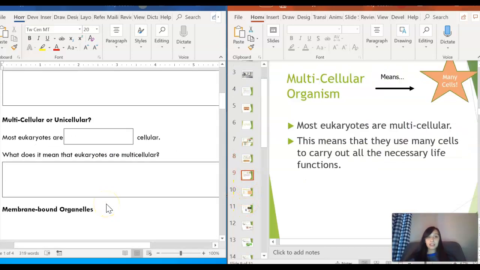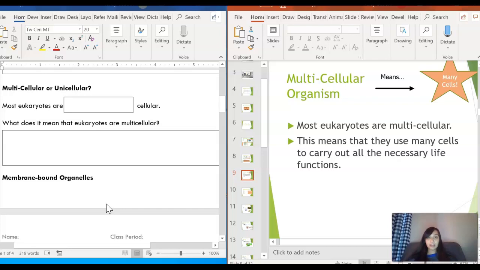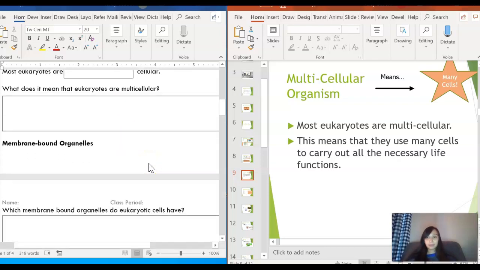Multicellular or unicellular. Most eukaryotes are multicellular. That means that they use many cells to carry out all of the necessary life functions. So I want you to think about the human body.